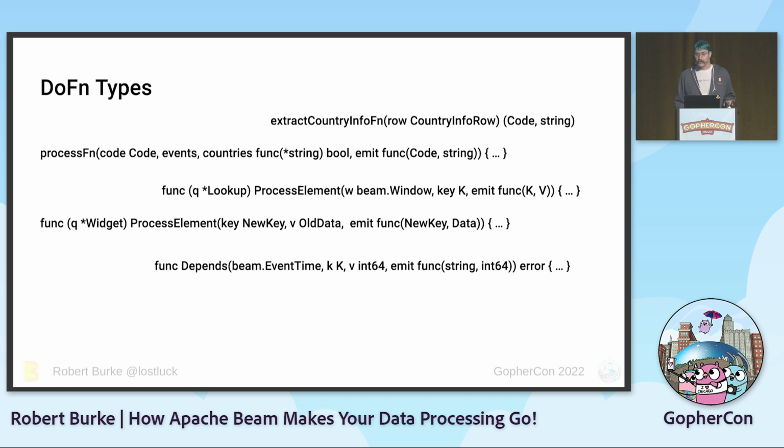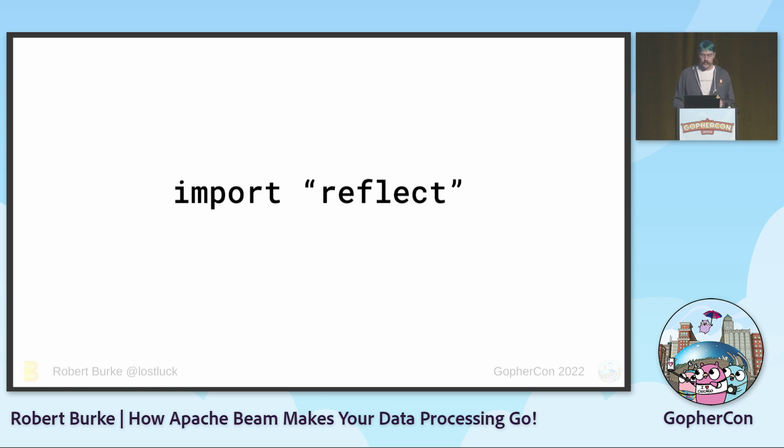After all, static types are a valuable Go feature. Invariably, this sort of thing requires use of the reflect package. Reflect has many functions, but right now we're talking about TypeOf, which gets the type of any value you pass to it. From there, we can do a bit of work to make sure that the pipeline is type safe at pipeline construction time.